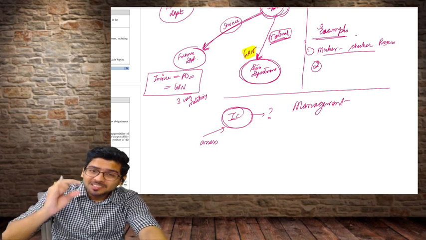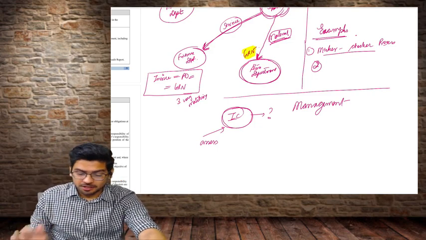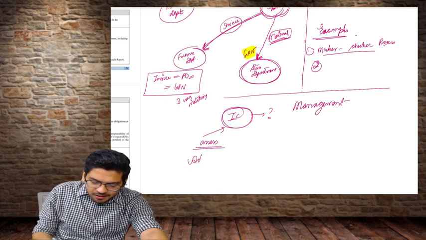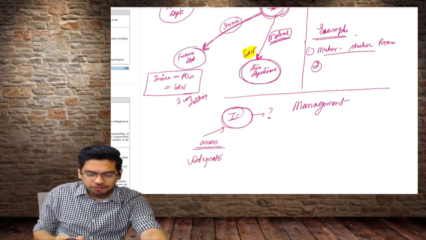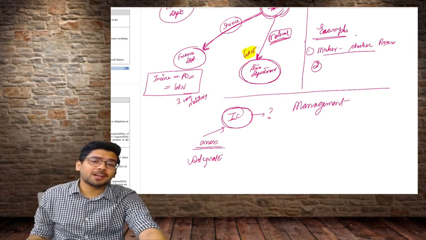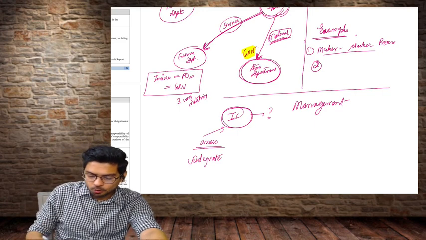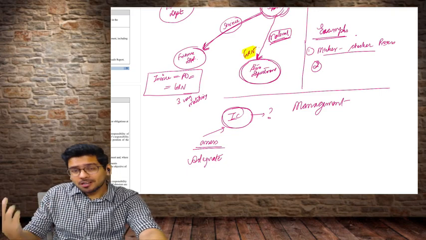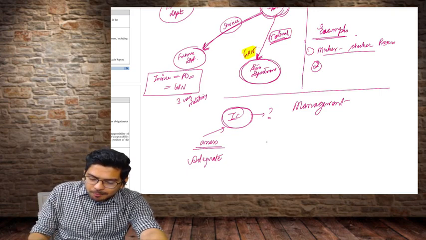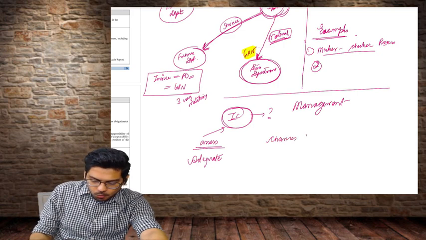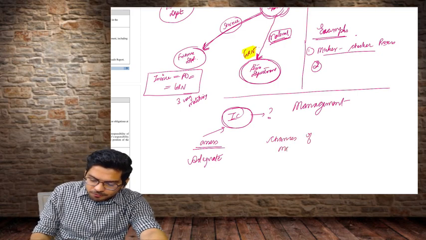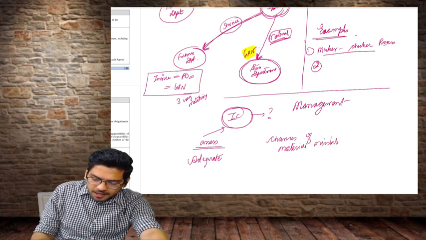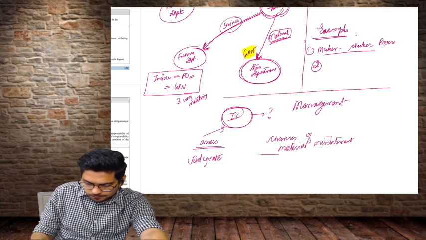We only assess the internal controls. Now, let's say on our assessment, we find that the internal controls are adequate. If I find that an organization has adequate internal controls, what will be the chances of material misstatement in the organization? Will it be high or will it be low?